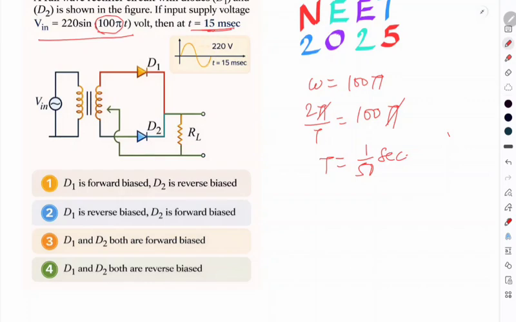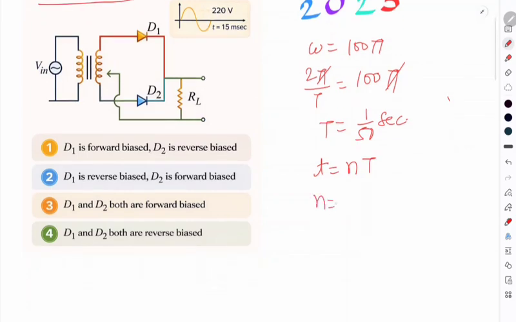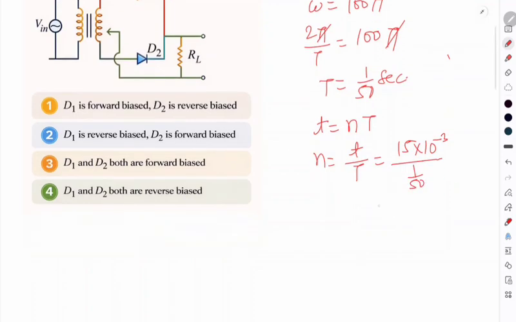We know that t is equal to the number of rounds times T. So n, the number of rounds, will be t upon T. t is 15 millisecond and T is 1 upon 50, so we get 750 upon 1000, which is 3 by 4. So 3 by 4 of a round is completed.